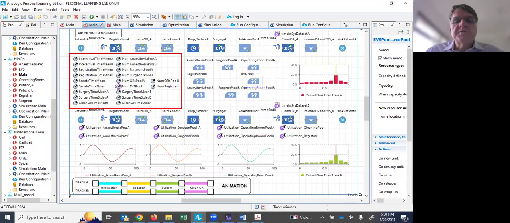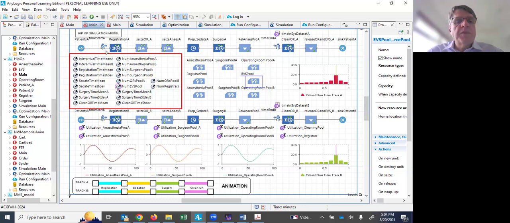The anesthesiologists, surgeons, and ORs are not pooled in the base case. There are 2 ORs, 1 surgeon, and 1 anesthesiologist in each of these tracks, and they're not pooled. Pooling the anesthesiologists and the ORs is going to be something that we will consider as one of our process innovations. Okay, but just go back to our initial discussion here.